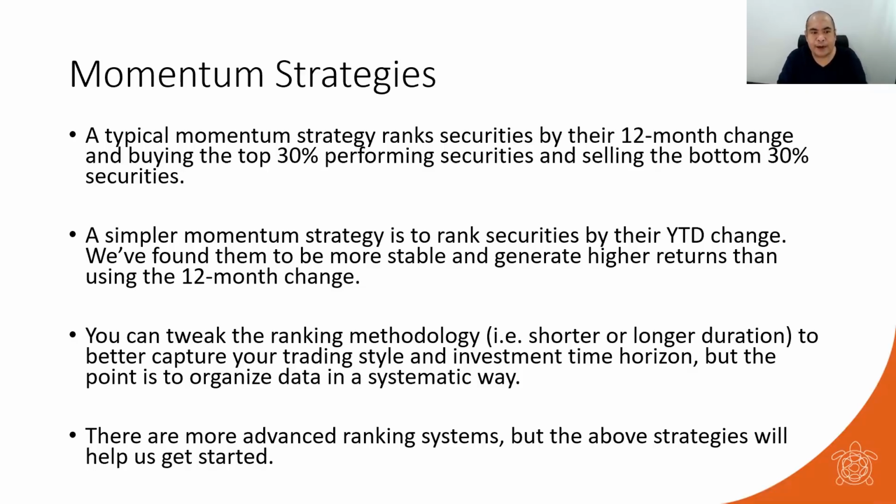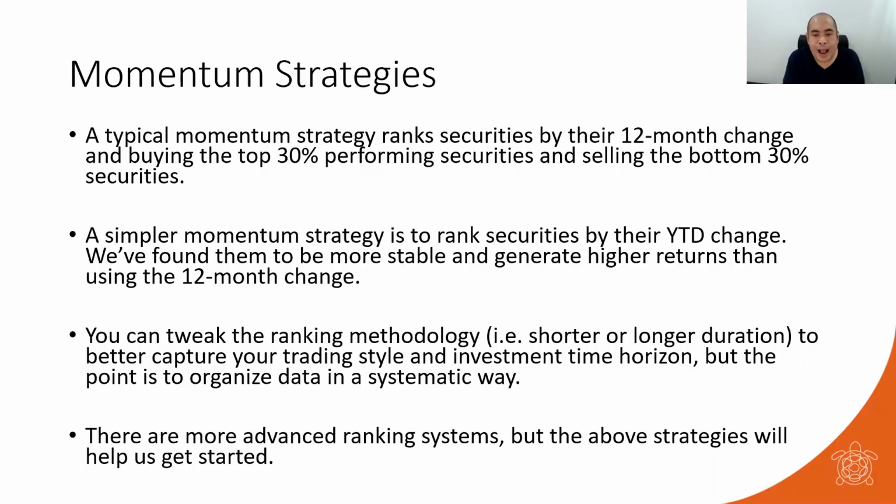In my experience, a simpler momentum strategy to ranking securities is by their year-to-date change. What we've found is that the returns and the rankings tend to be more stable and they generate higher returns than just using a 12-month rolling metric.